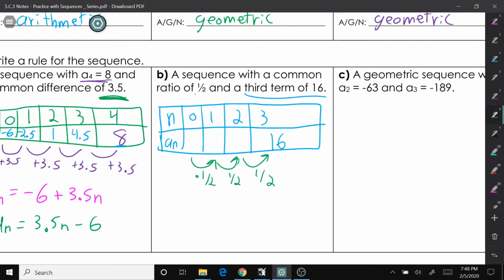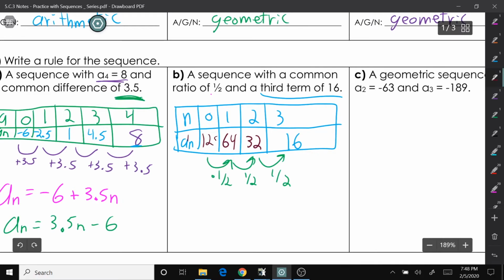So going backwards I would divide by 1/2. So 16 divided by 1/2 is 32. 32 divided by 1/2 is 64. And 64 divided by 1/2 is 128. And again, you can double check by taking 128 multiplied by 1/2 is 64 and keep going. So then my formula, an equals 128 times 1/2 to the nth power.